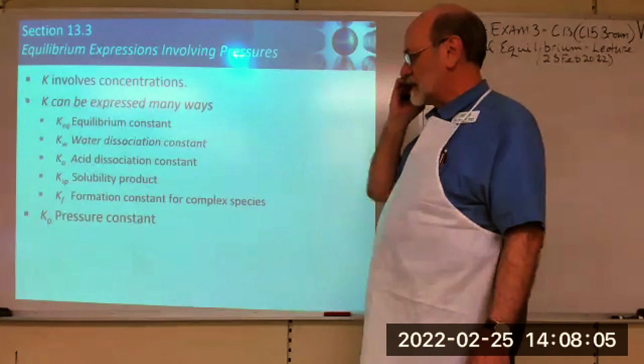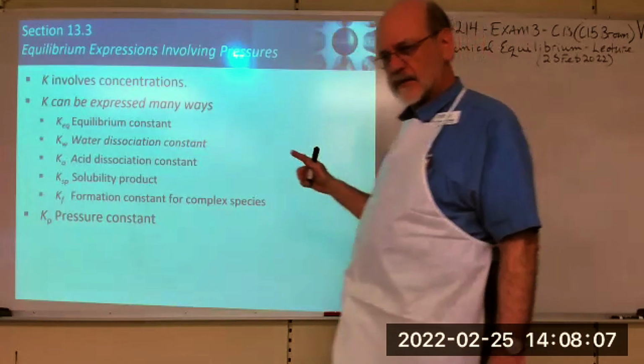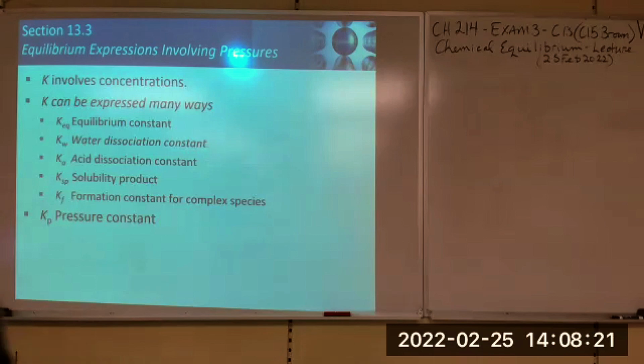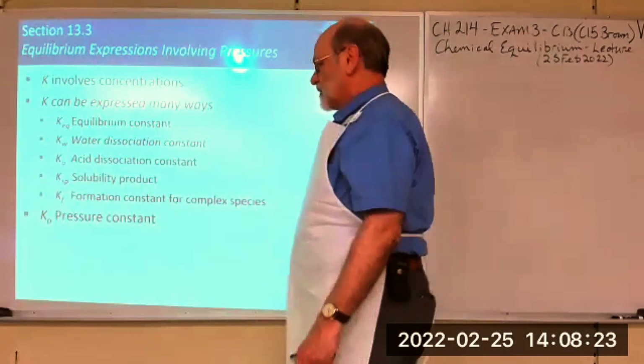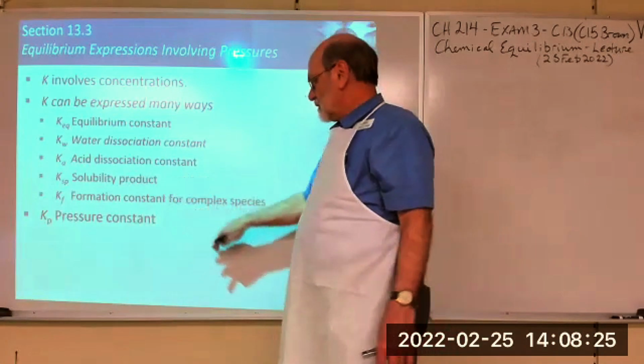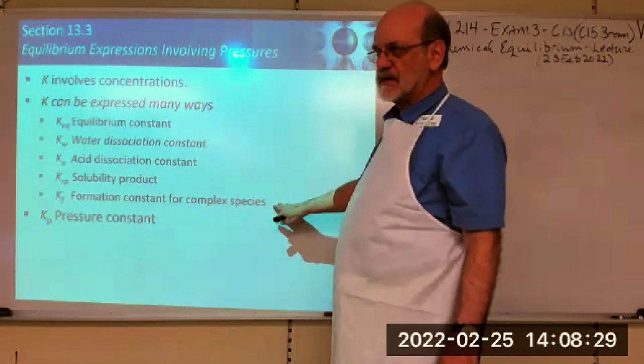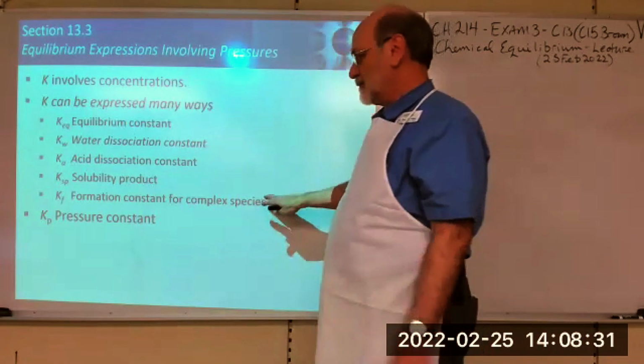We're going to get to that a little later. Acid bases are next, chapters 14 and 15, and then solubility product is right after that. I'll define what that means later. And then the formation constant for complex species. We'll get to that too.